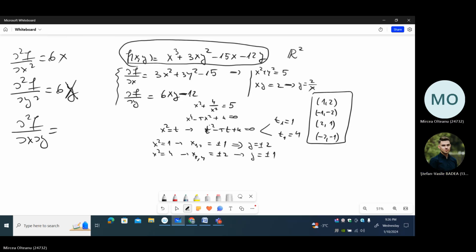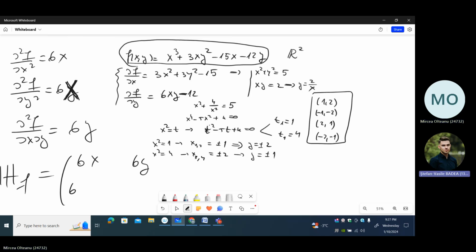6x, of course. And the mixed is, this is 6y. Yes, 6y. So the Hessian matrix at some arbitrary point will be 6x, 6y, 6y, 6x.